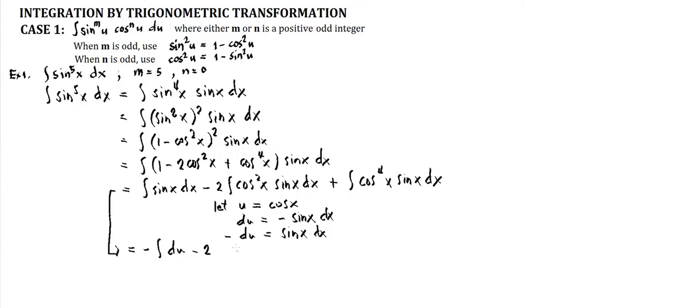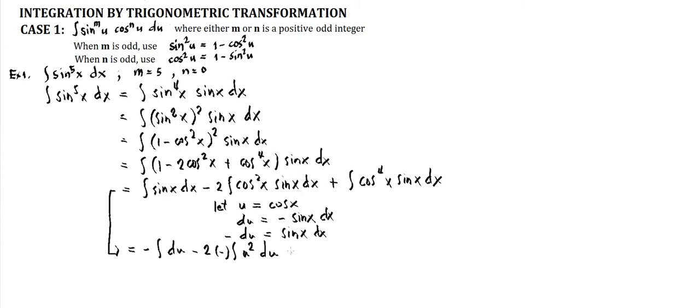Tapos, meron tayong integral of cosine of x, but yung cosine x natin equals sa u. Tapos, it is squared. Kaya magkakaroon tayo ng u squared, and then times sine x dx. Pero yung sine x dx equals sa negative du or negative 1 du. So, yung negative, lalabas natin dito.